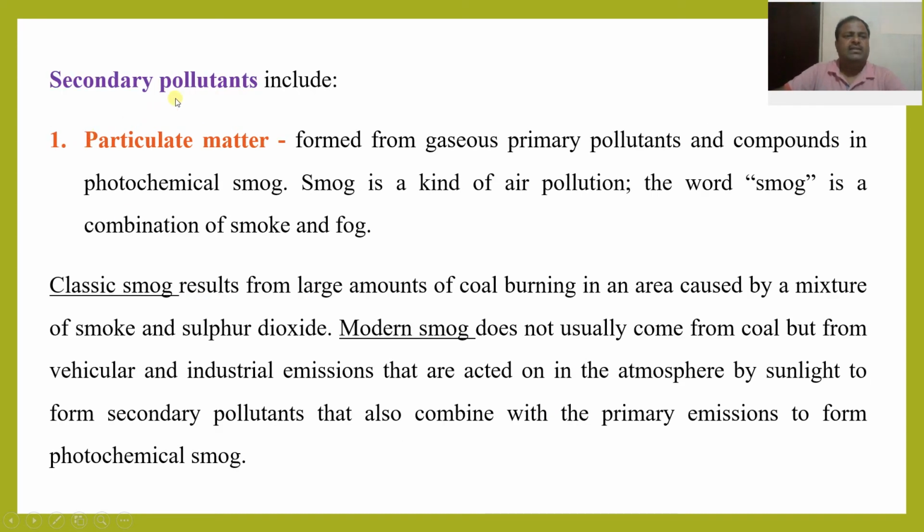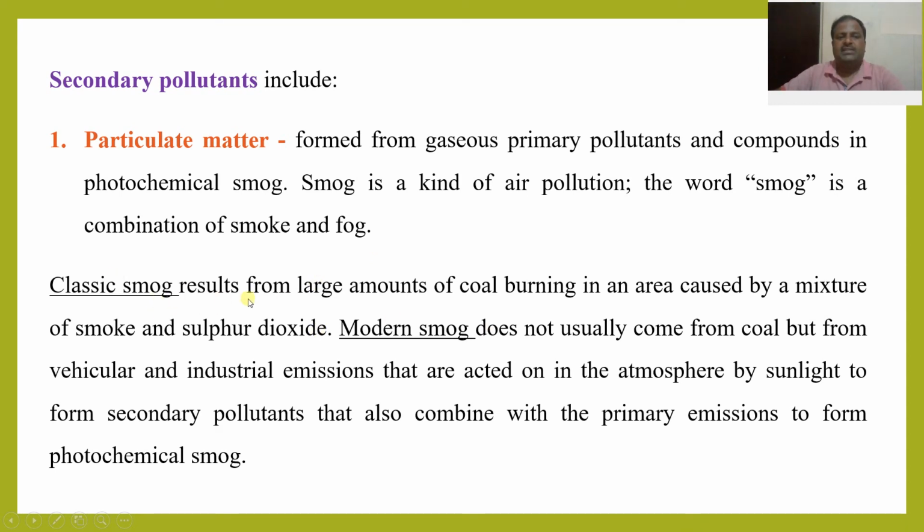Next, secondary pollutants. Secondary pollutants include, number one, particulate matter formed from gaseous primary pollutants and compounds in photochemical smog. As we know, smog is a kind of air pollution. The word smog is the combination of smoke and fog. Here there are two types.